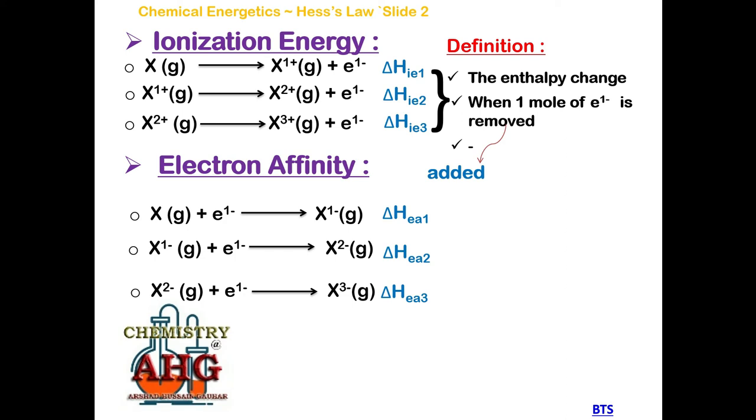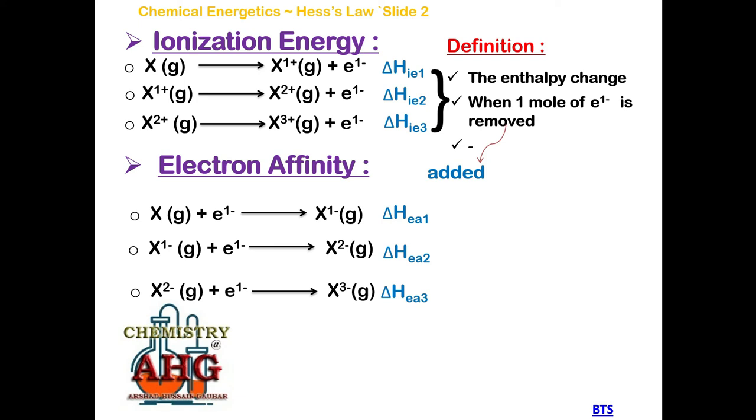Okay, students, after definition, what information must you remember about electron affinity? You must know the nature of electron affinity. As I told you, ionization energy is always endothermic. Why is it always endothermic? Because a bond is broken. Electron affinity has two different types of nature. It can be exothermic as well as endothermic.